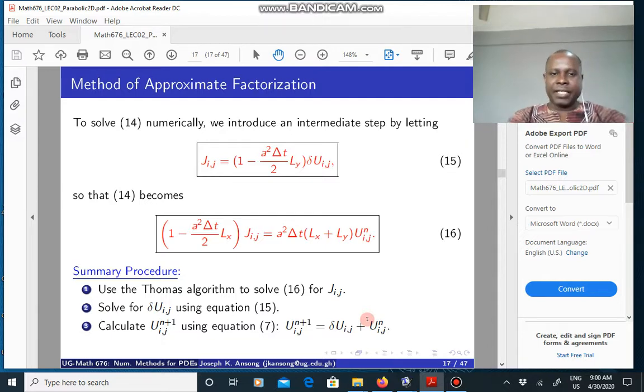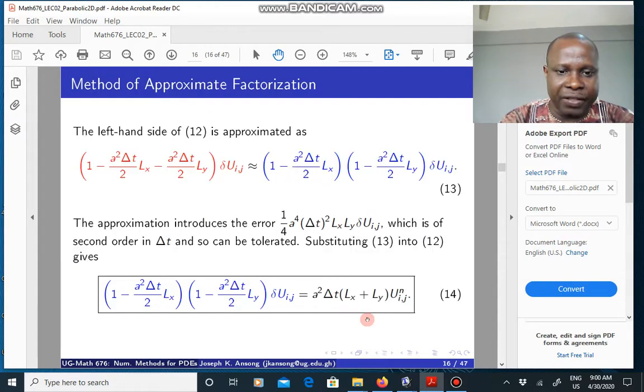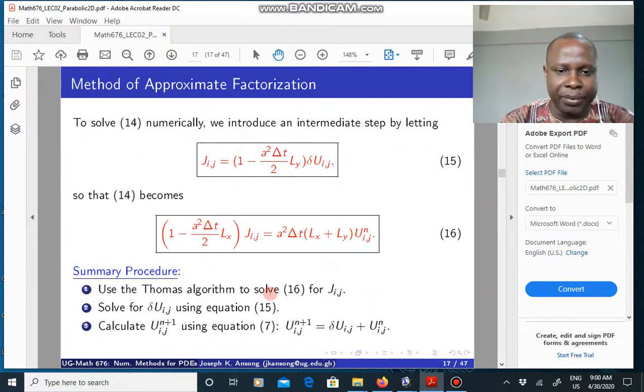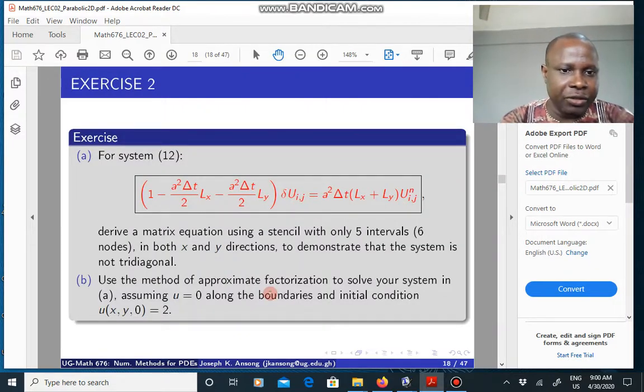So basically that is the method of approximate factorization. You have factorized or broken this expression down into expressions that you can use a Thomas algorithm to compute in 2 steps. Okay, so that is the method of approximate factorization.